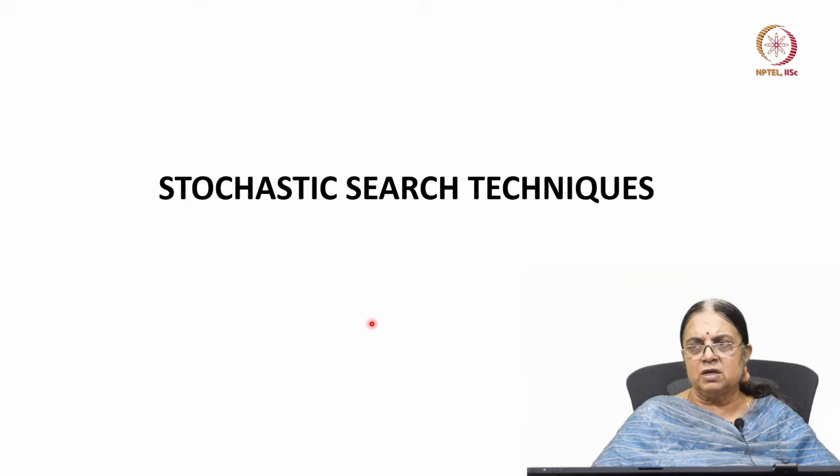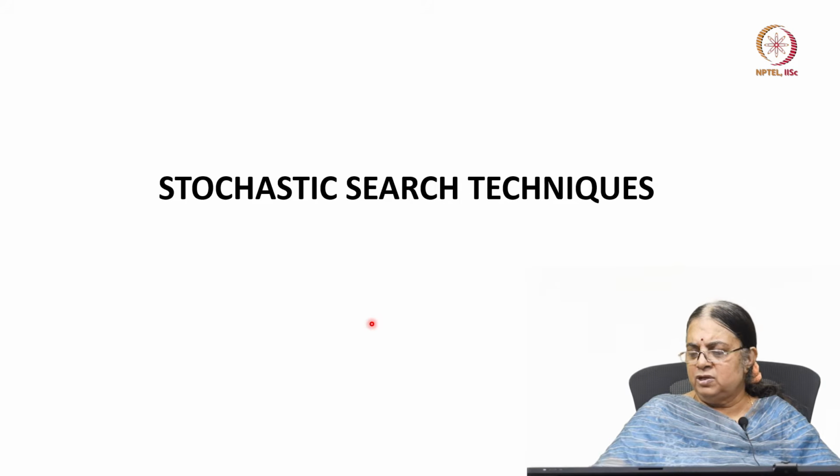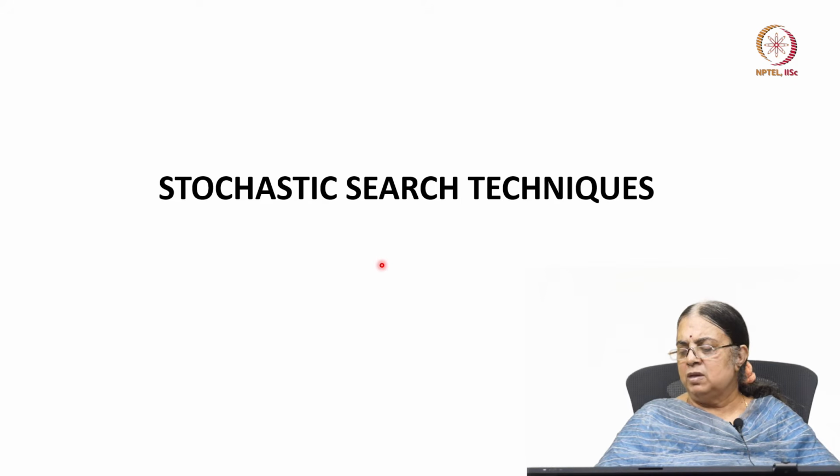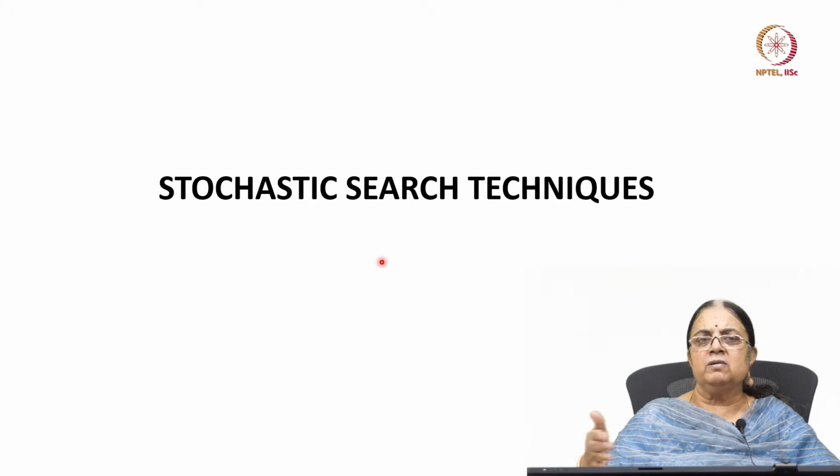What happens in these stochastic search techniques is that if you want to solve a particular problem, you start with one point which could be a solution, or it has the same format as your solution, and then from there you keep moving to some other points around, and each string that is evaluated will tell you how well that string solves the problem.